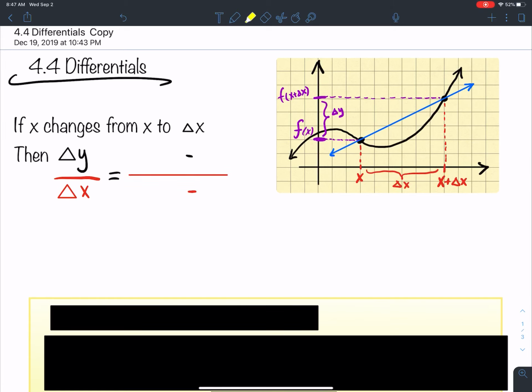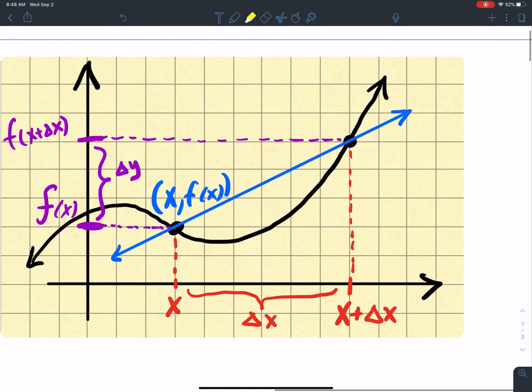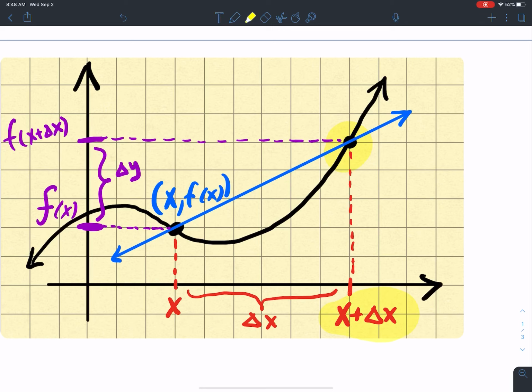What is this equal to? Well, it's the slope of the secant line here. And this point right here is based off of x and f of x. And this point right here is based off of x plus delta x, comma, f of x plus delta x.